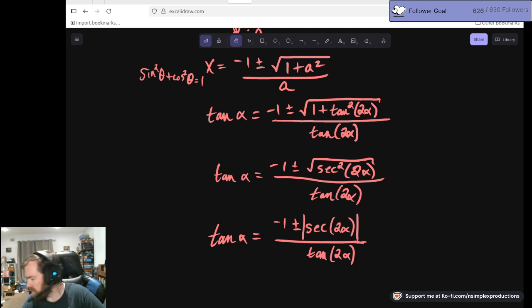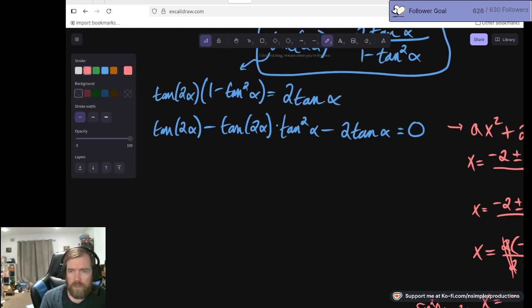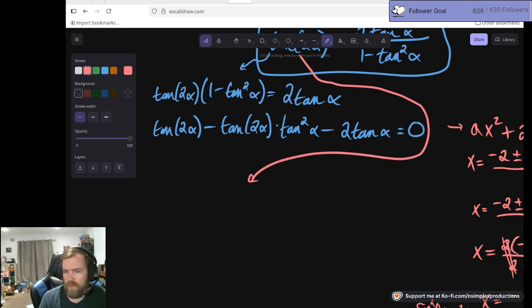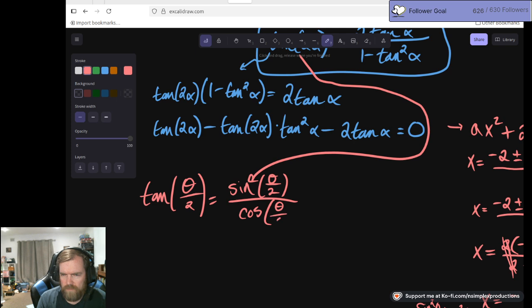Okay, now I don't see it. It may actually be easier to go the other route that I did not use, which is to say that the tangent of alpha over 2, theta over 2, whatever you want to call it, is sine of theta over 2 divided by cosine of theta over 2.